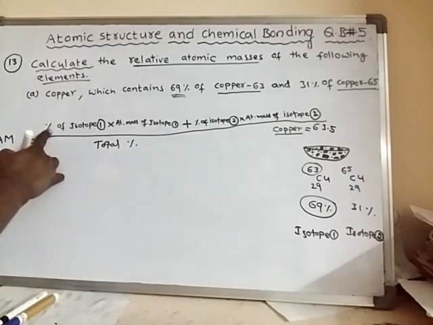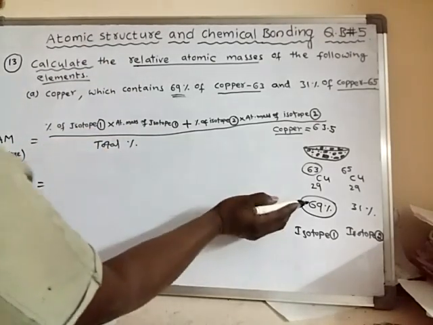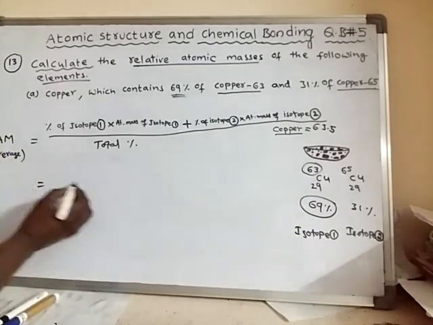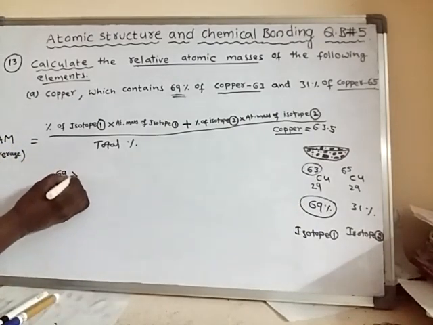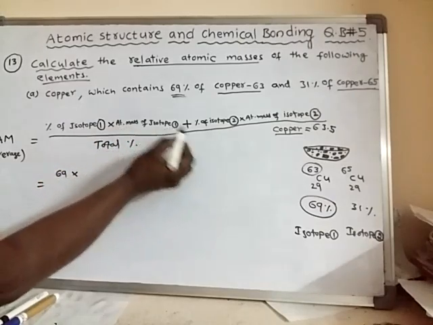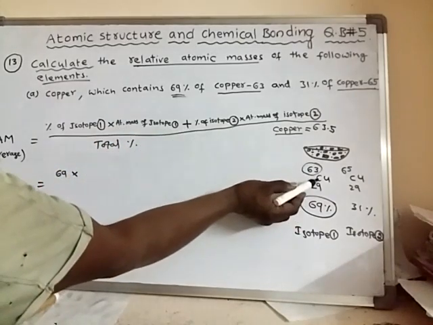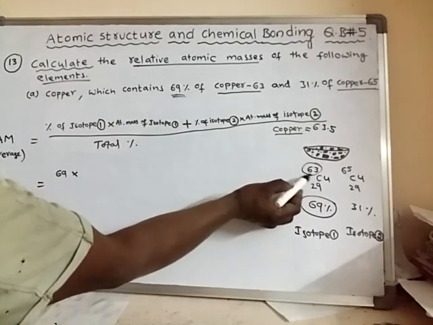So now, what is the percentage of isotope 1? 69, into the atomic mass of isotope 1. What is the atomic mass of isotope 1? 63.